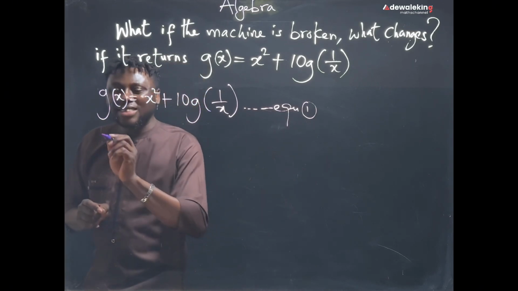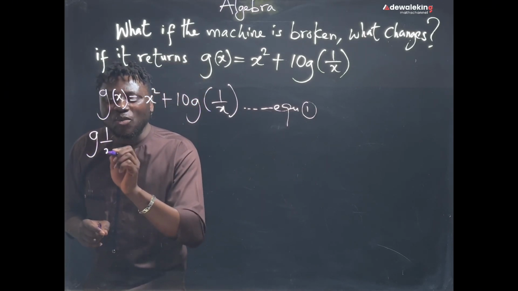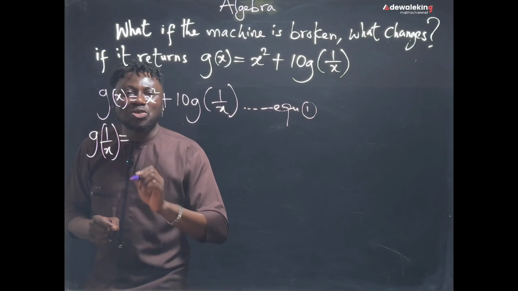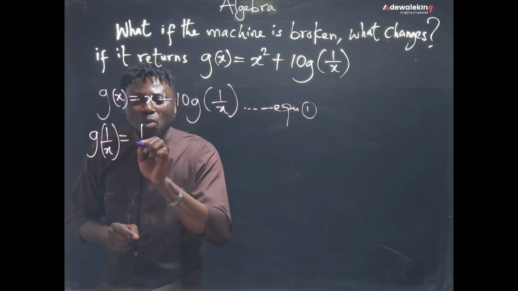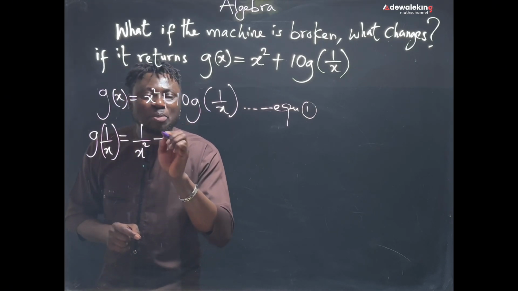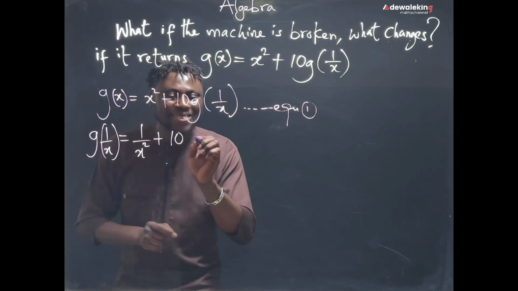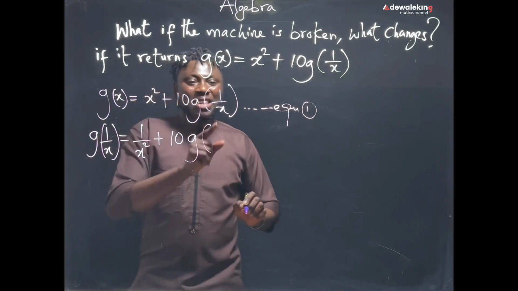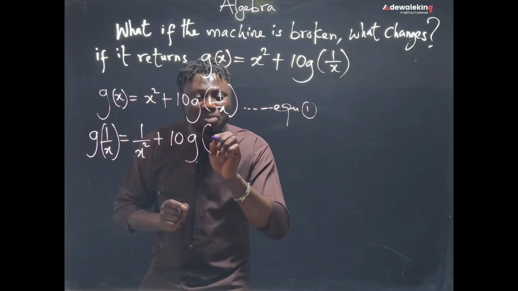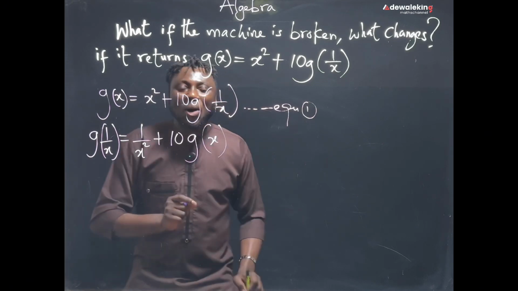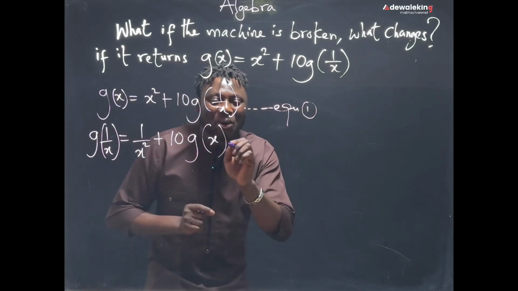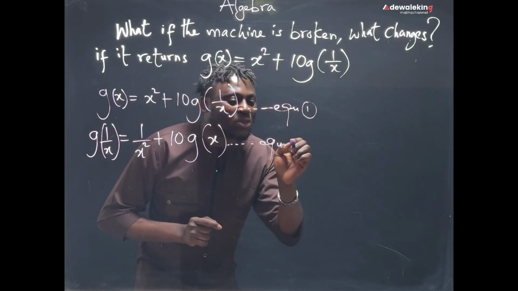So we have g of 1 all over x equals 1 all over x squared plus 10g of, if you put 1 all over x here, this becomes g of x. We can call this equation 2.